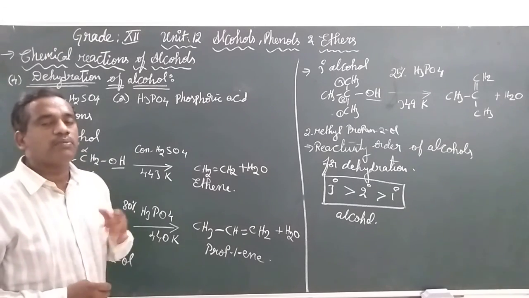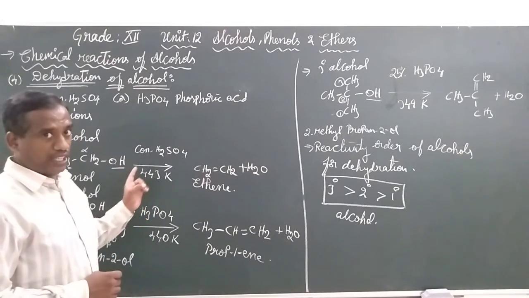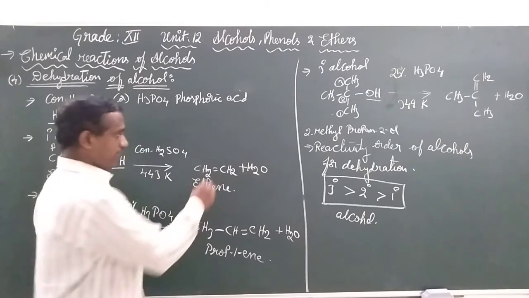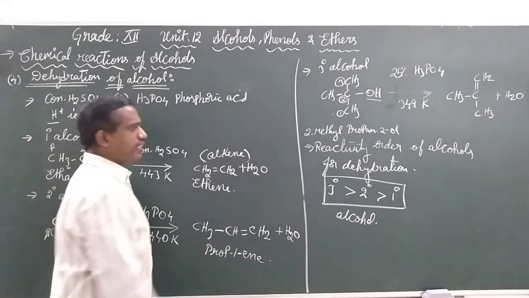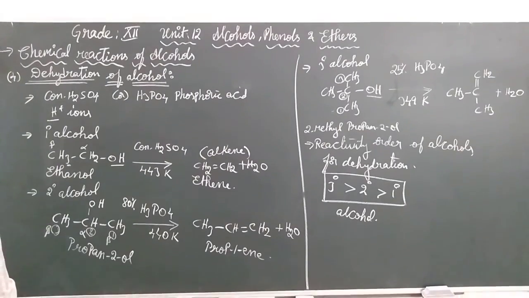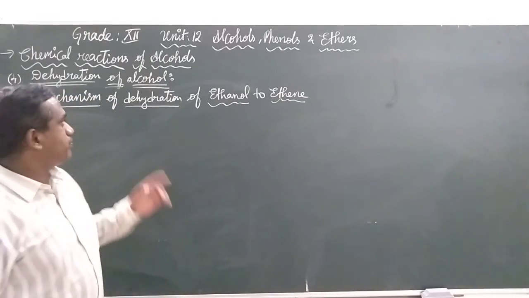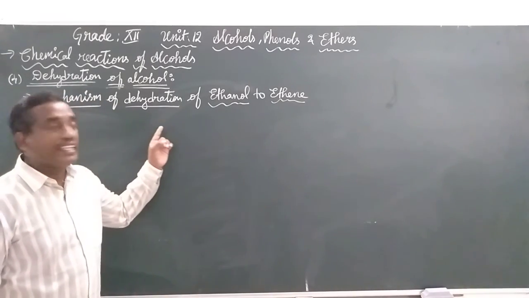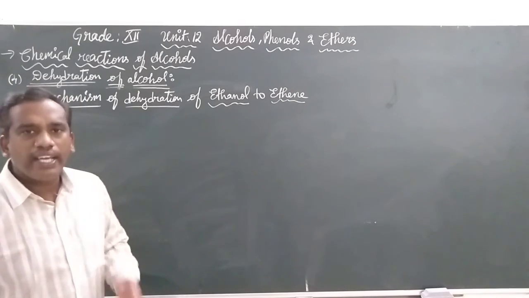That's the only mechanism that we are discussing in this video for converting a primary alcohol into an alkene, that is ethene. So let us see the mechanism of dehydration of ethanol to ethene, and how it goes on.